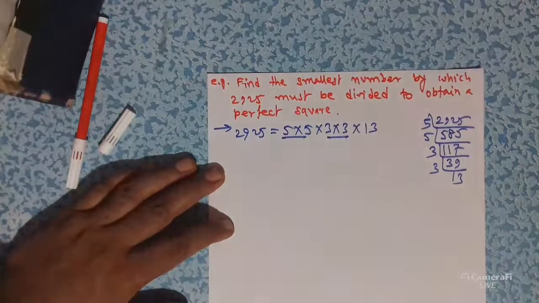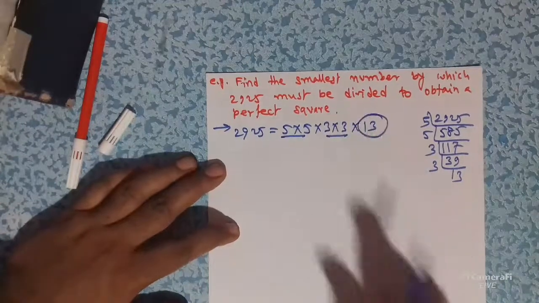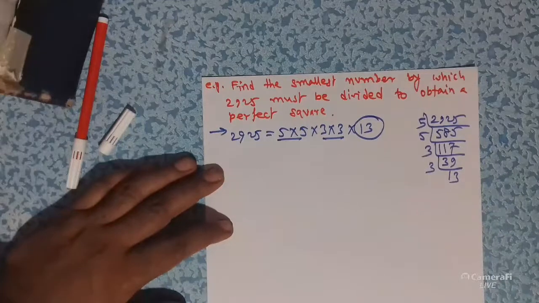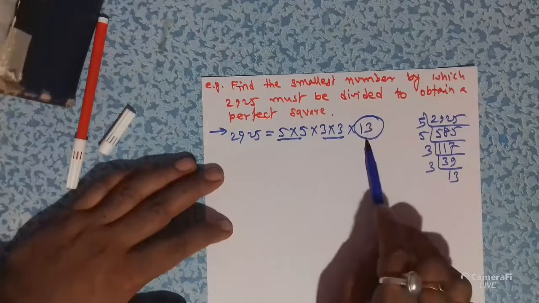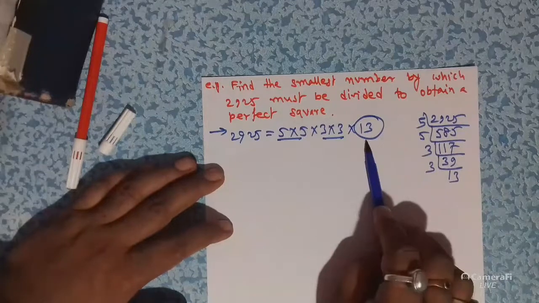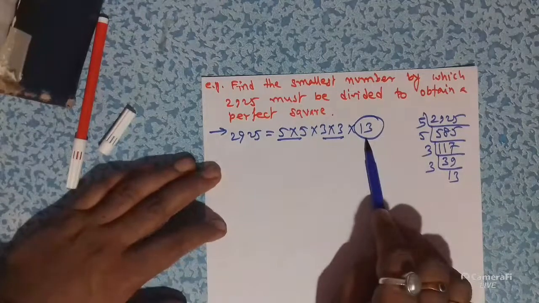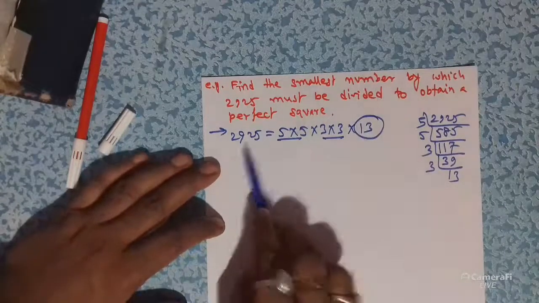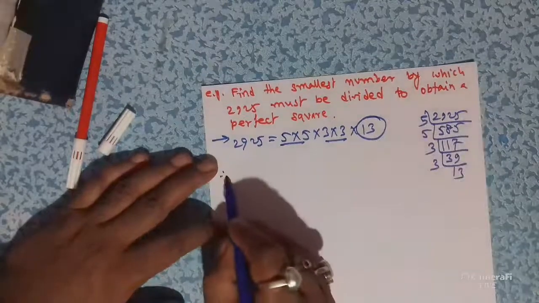So here you can see that two pairs are there, but 13 is a non-pair number. So to make it a perfect square, we need to remove 13. Okay, I repeat once again that to make it a perfect square, we need to remove 13. So that is why we must divide this number by 13 to make it a perfect square. Now write the answer.